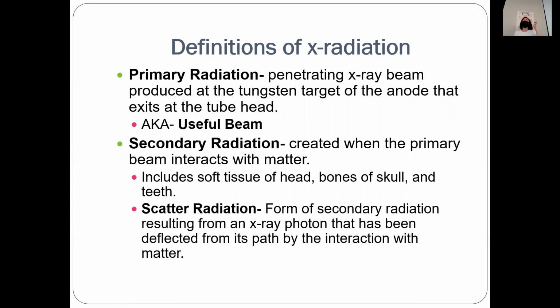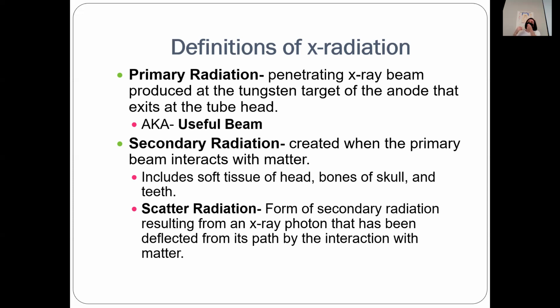Secondary radiation is created when your useful beam, or primary beam, interacts with anything. Not the collimator and things like that, but mostly we call it secondary once it hits soft tissue or the patient's face. So secondary radiation is created when the primary beam interacts with matter.